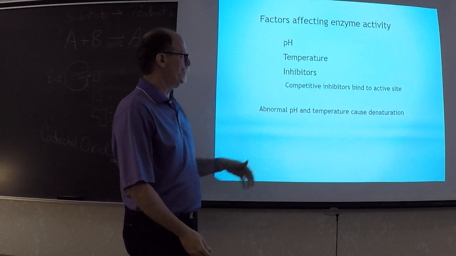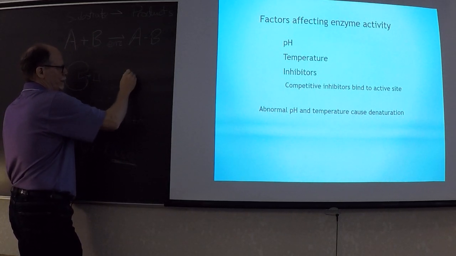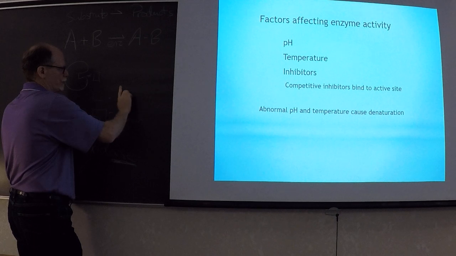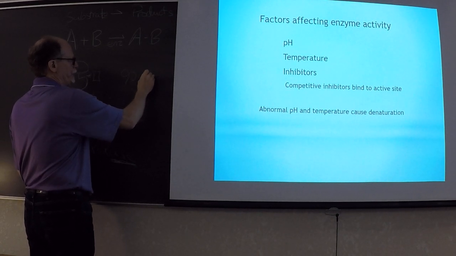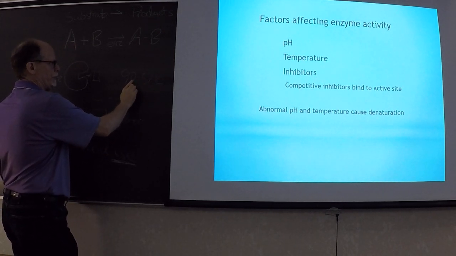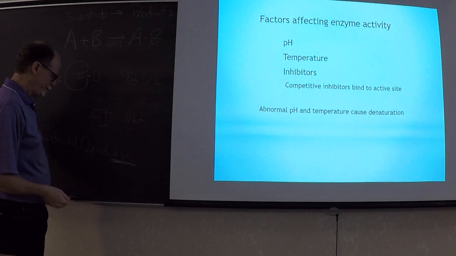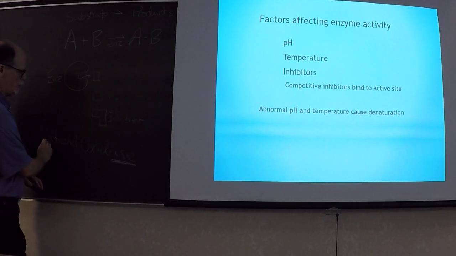Or even the temperature. We would expect in human beings, our body temperature, which is like 98 degrees Fahrenheit, equals 37 degrees centigrade. Most of the enzymes in our body work best at that temperature. Now we're using potato extract to get our catechol oxidase.